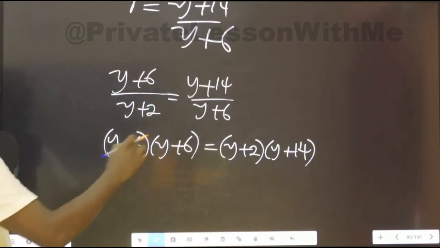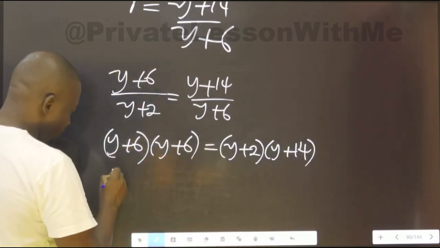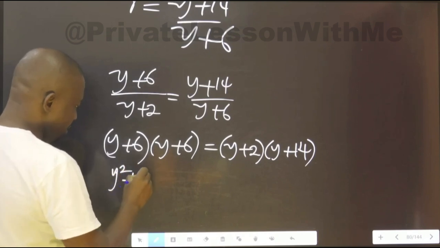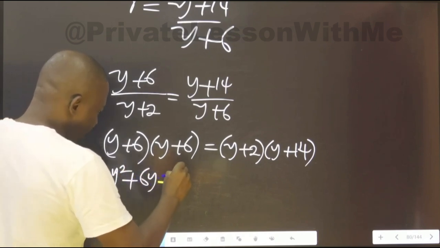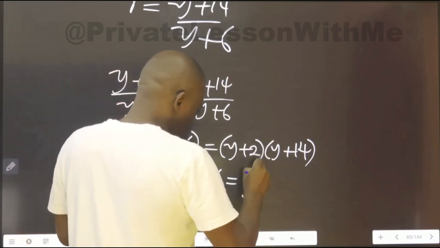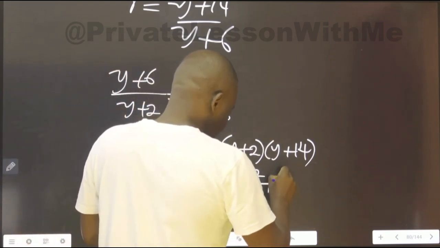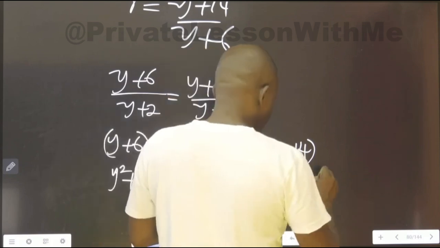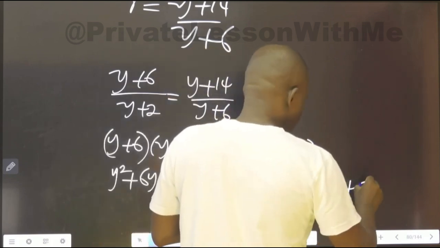Now let's work on this. This and this will give us y squared plus 6y plus 6y plus 36 equal to, this is y squared plus 14y plus 2y plus 28.